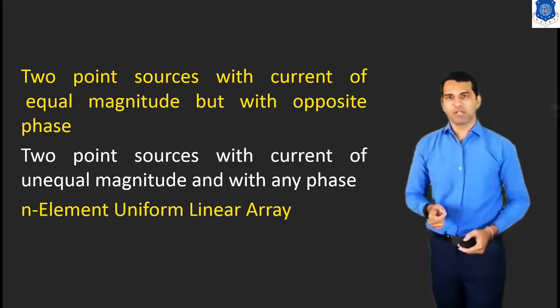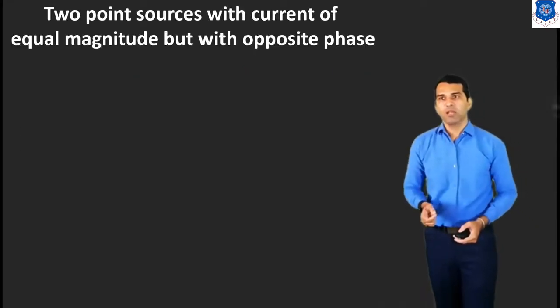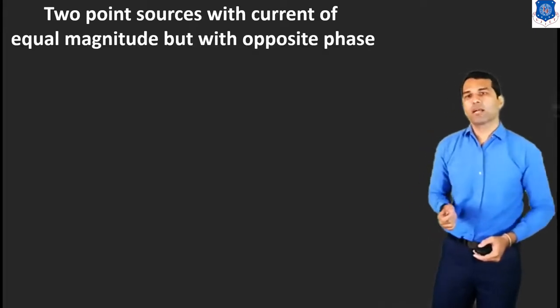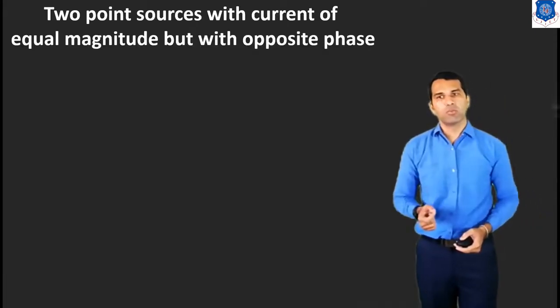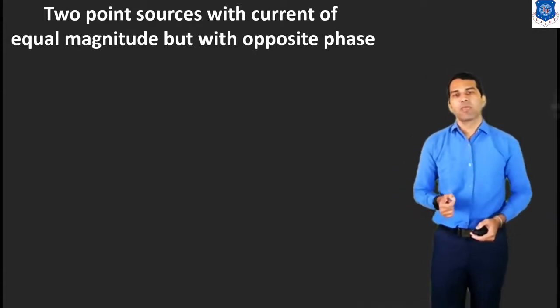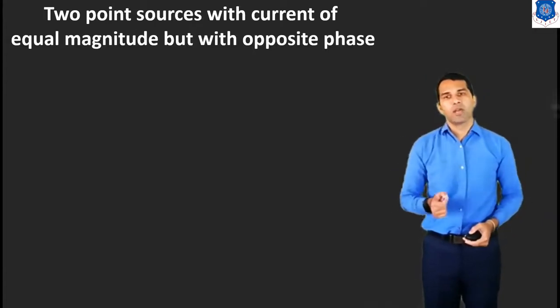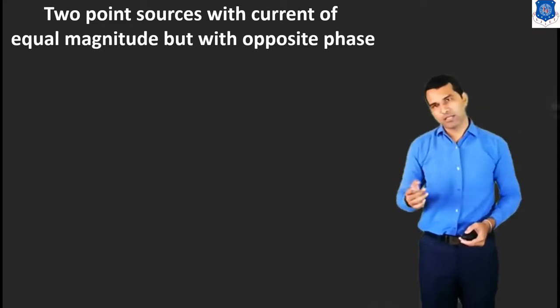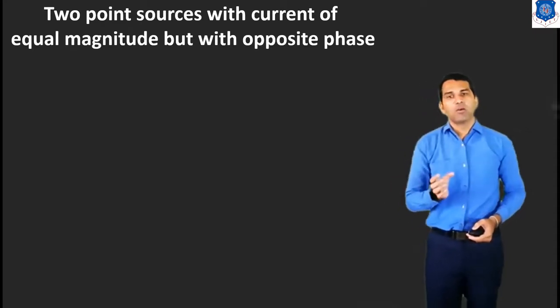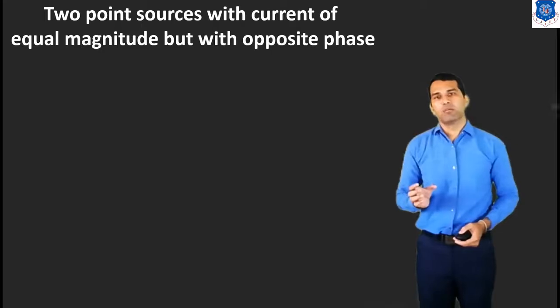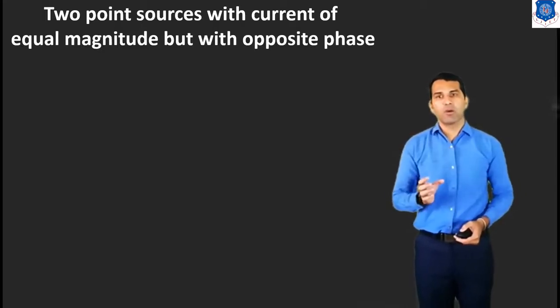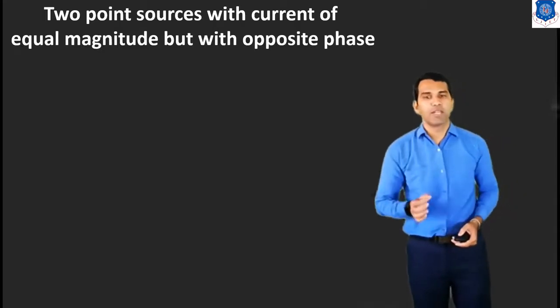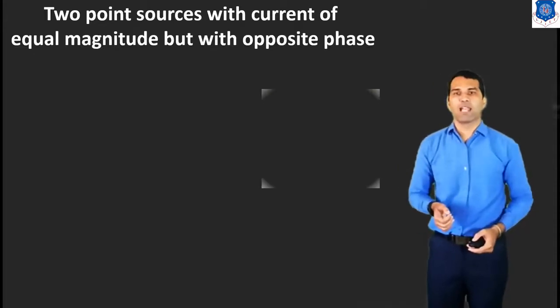So start with the first one, analysis: 2-point source with current of equal magnitude but with opposite phase. Here we discuss the analysis. In the previous lecture, we took the current with equal magnitude and equal phase. But here we take current of equal magnitude but the phase is not the same for each element.